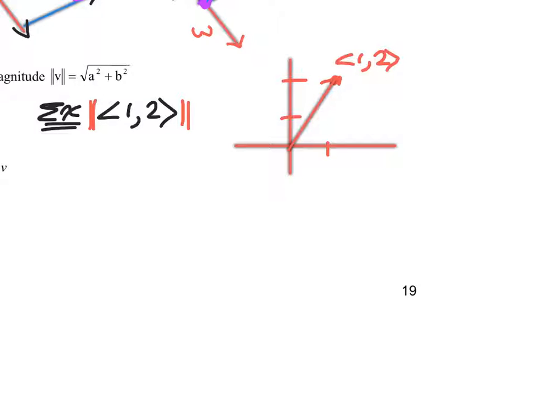The magnitude of this vector is determined based on the length of that line segment. One way that you can get that length would be to decompose the vector into its components. We have a horizontal component, which has a length of 1, a vertical component that has a length of 2, and then the hypotenuse, which we could call R. You could call it anything you want, but typically it's called R.